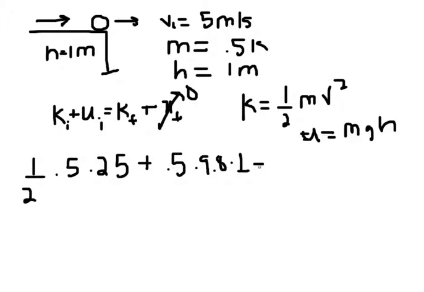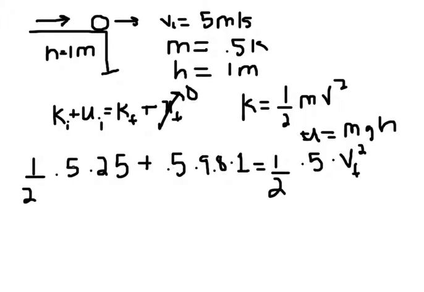And this is equal to 1/2 m, which is the mass, which is 0.5. And then we are trying to find V final. In this case, it's V final squared.